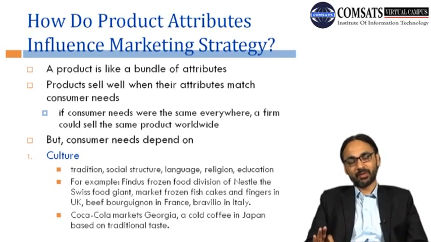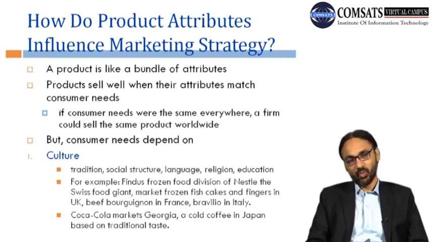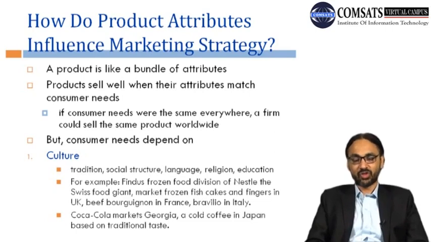But the problem is that consumer taste and demand are different, and this depends on culture: tradition, social structure, language, religion, education. These are the different elements which shape the culture and which shape consumer needs.